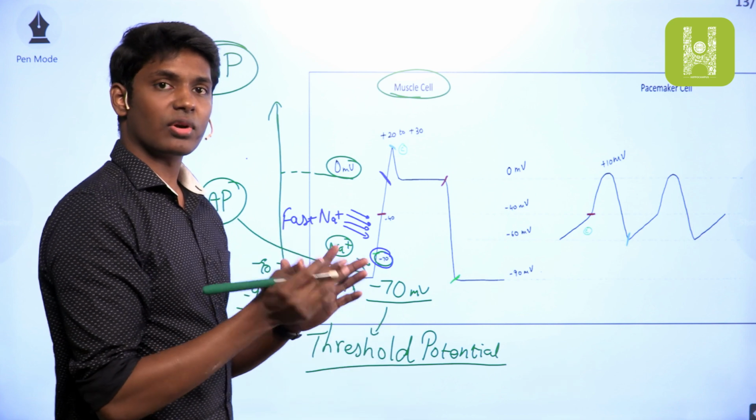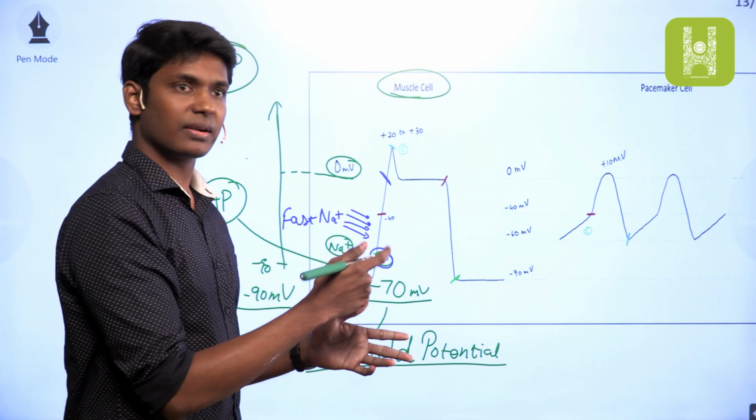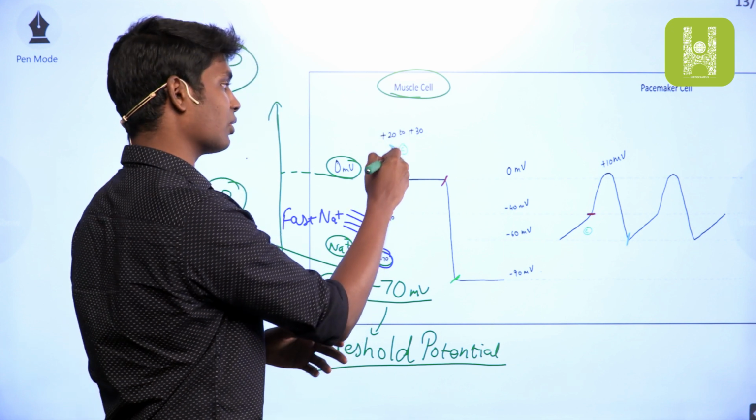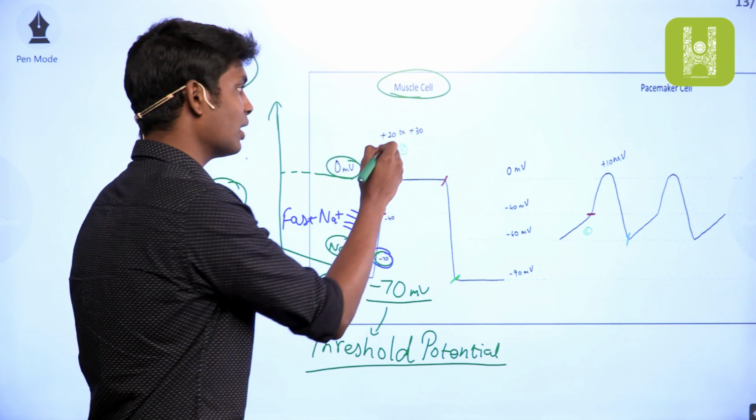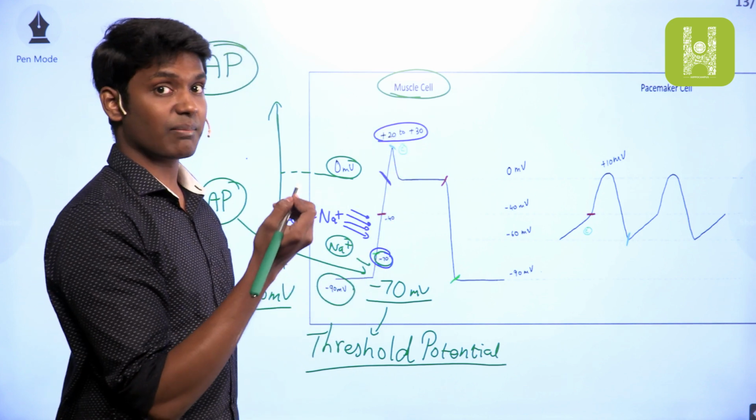But even though the fast sodium channels close, the rapid upstroke is so fast that it overshoots 0 and becomes more positive, to around plus 20 to plus 30 millivolts.